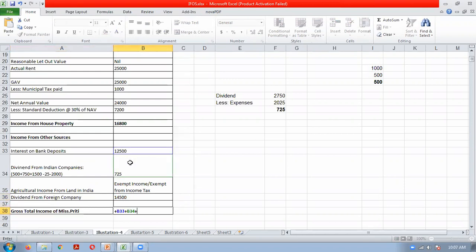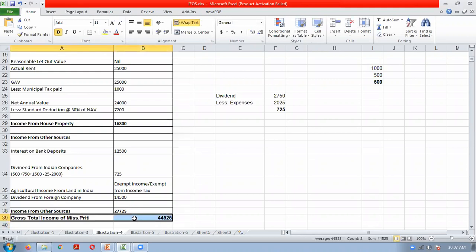12,500, 725, 14,500. So the gross total income of Miss Preeti will be: if you add the income from house property and income from other sources, we get the gross total income. 16,800 plus 27,720.